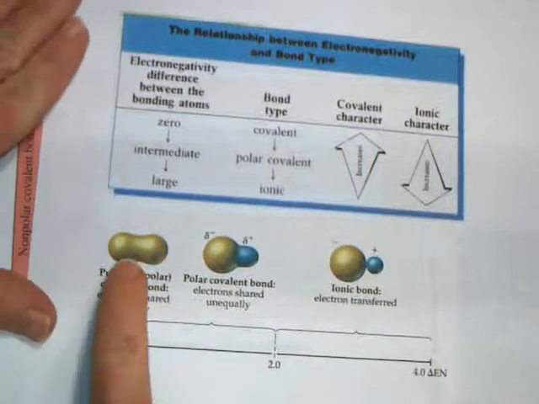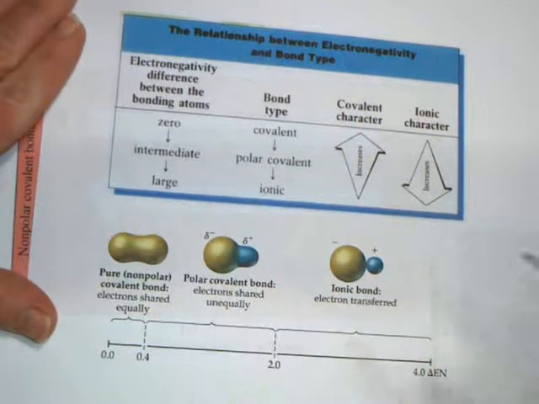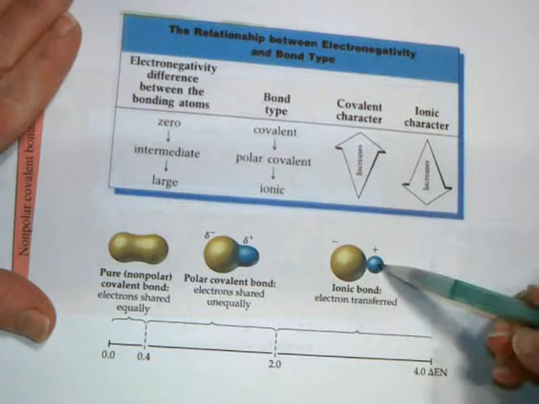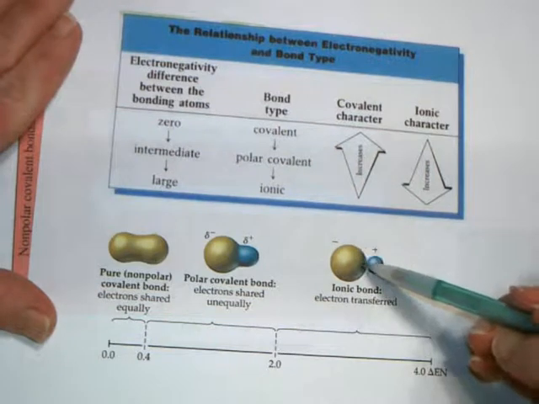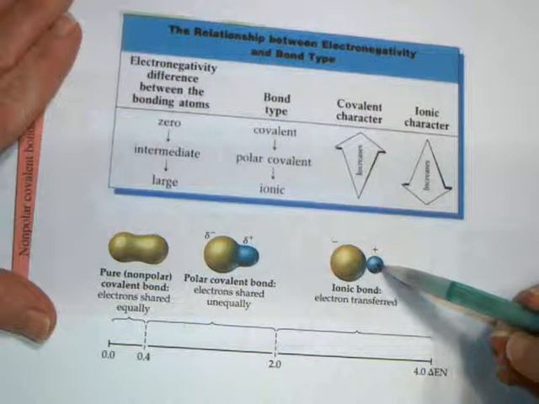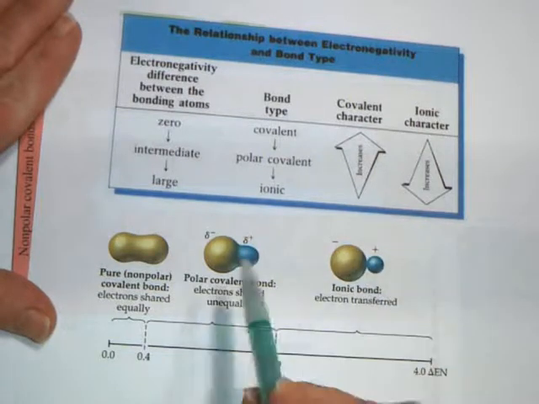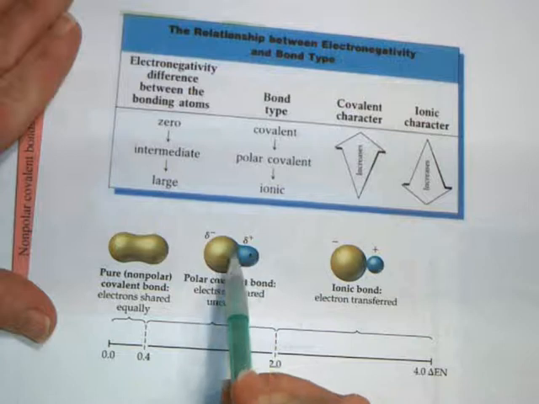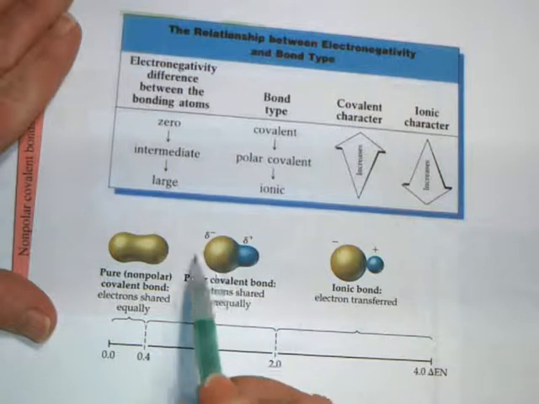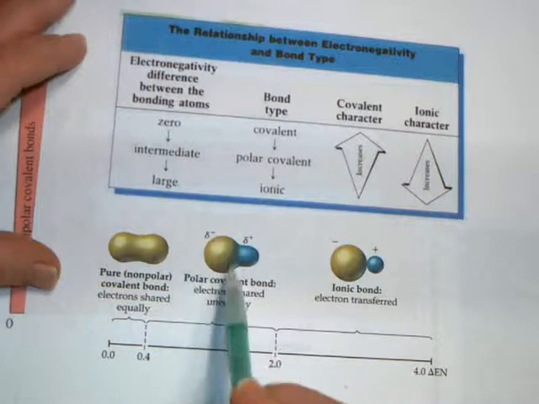And this is just a graphic showing electrons and where they're spending their time. Now, this would be our cation and anion. The anion keeps the electron. The cation has lost it: a full positive, a full negative. In a polar covalent bond, the part of our bond where the electrons are spending more of their time is going to be more negative.